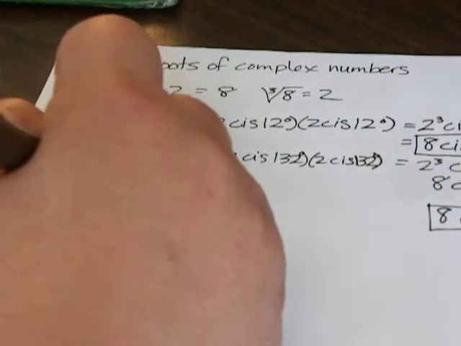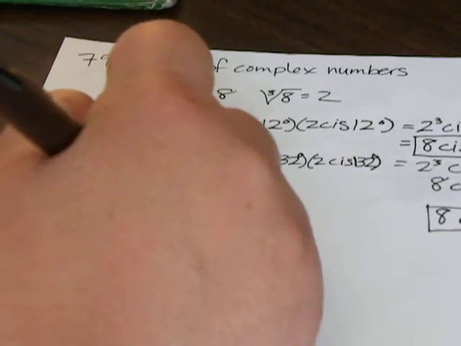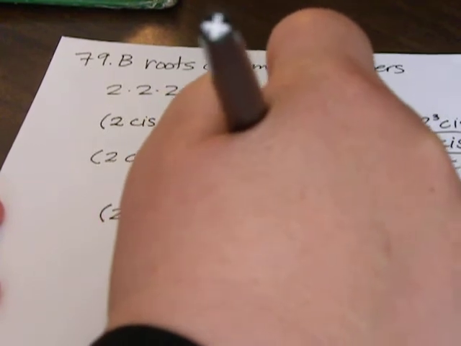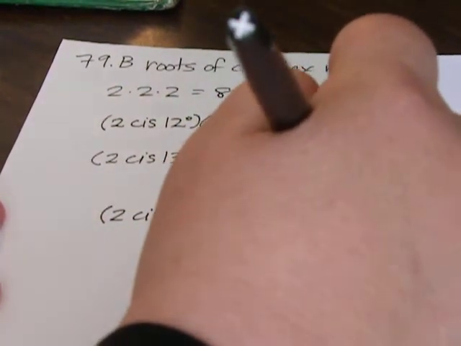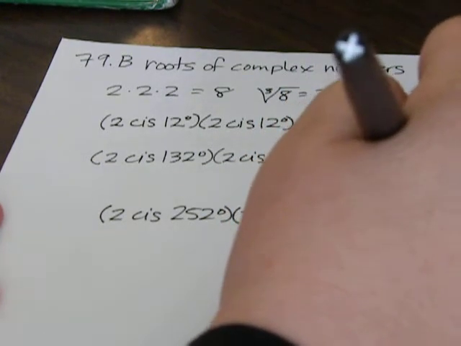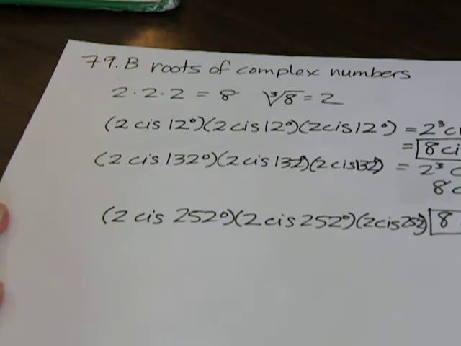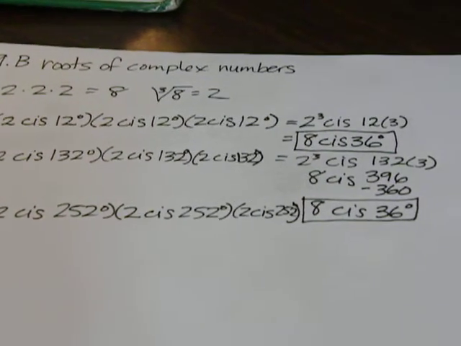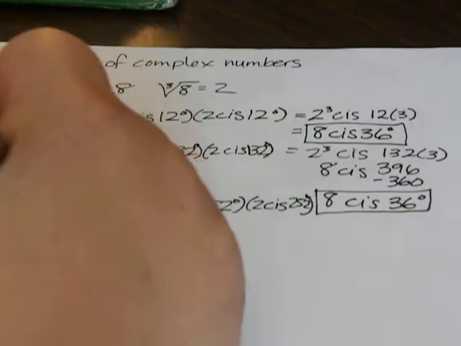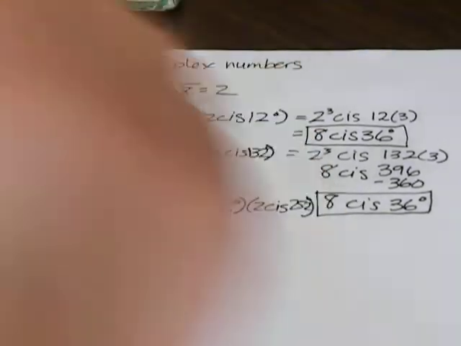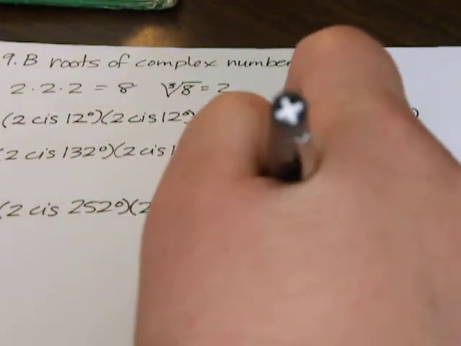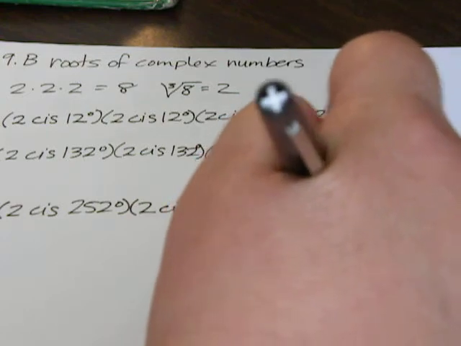And the third root is 2 CIS 252 degrees. If we cube that, then you also see that you end up getting 2 cubed CIS 252 times 3.